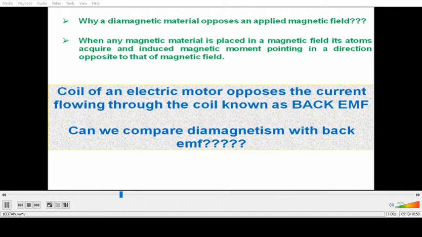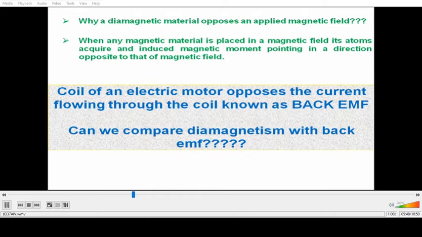In the previous slide I mentioned that this is an inherent property of all materials. It means all kinds of material actually oppose an applied magnetic field up to some extent. Then what about other types of magnetic material? Do they possess a diamagnetic property? Yes, of course, because it's an inherent property.